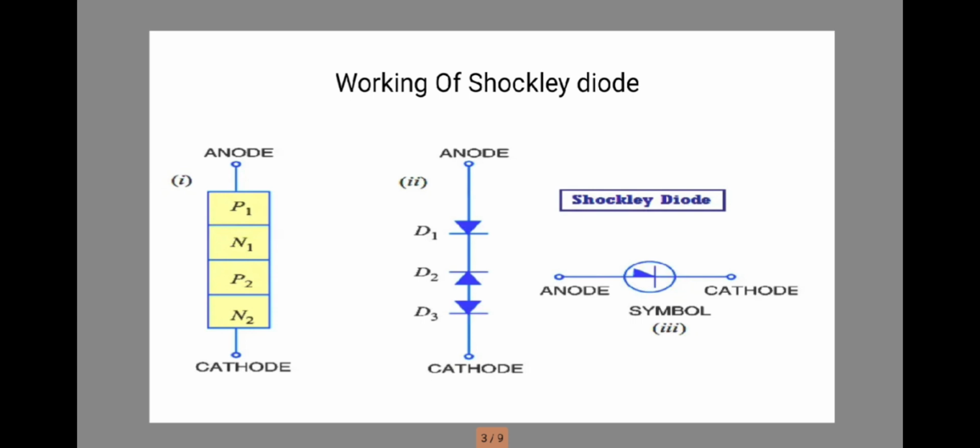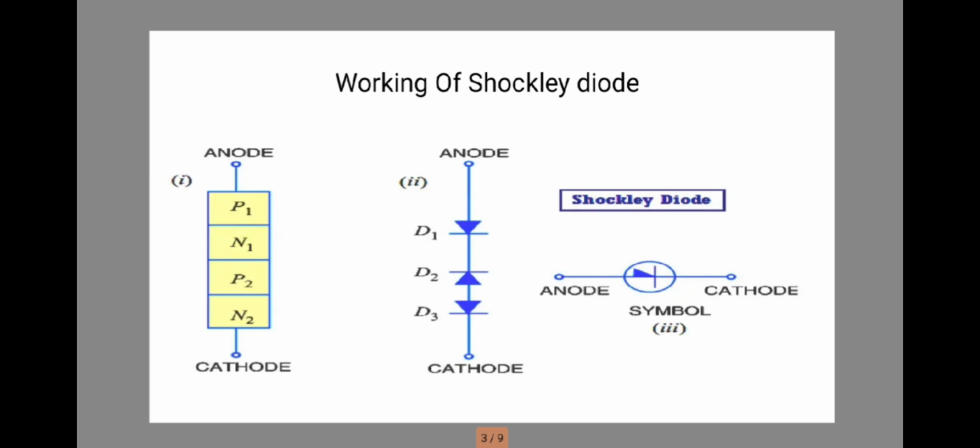At some forward voltage called the breakover voltage VBO, reverse breakdown of D2 occurs. Since this breakdown results in reduced resistance, the Shockley diode presents a very low resistance. From now onwards, the Shockley diode behaves as a conventional forward biased diode, the forward current being determined by the applied voltage and external load resistance.